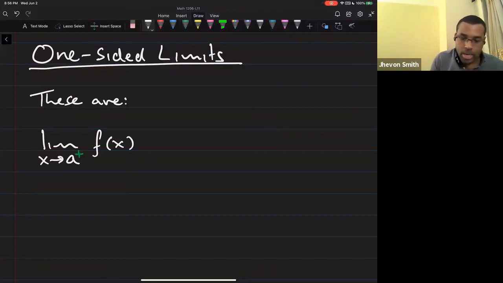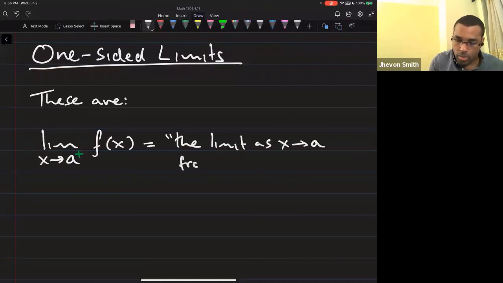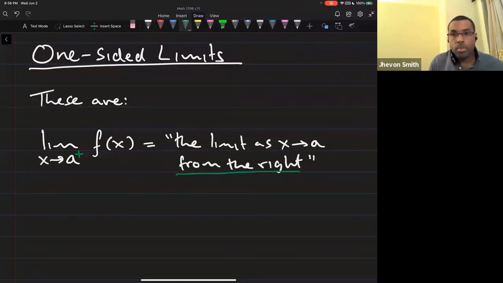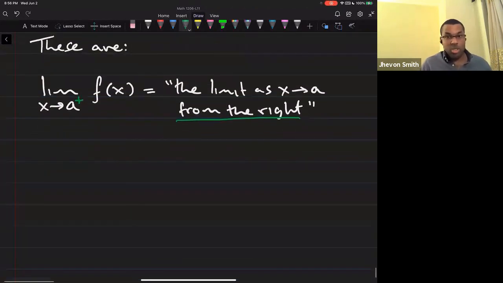What that means is the limit as x gets close to a from the right. So you're approaching from the right side, and you essentially ignore the left side.